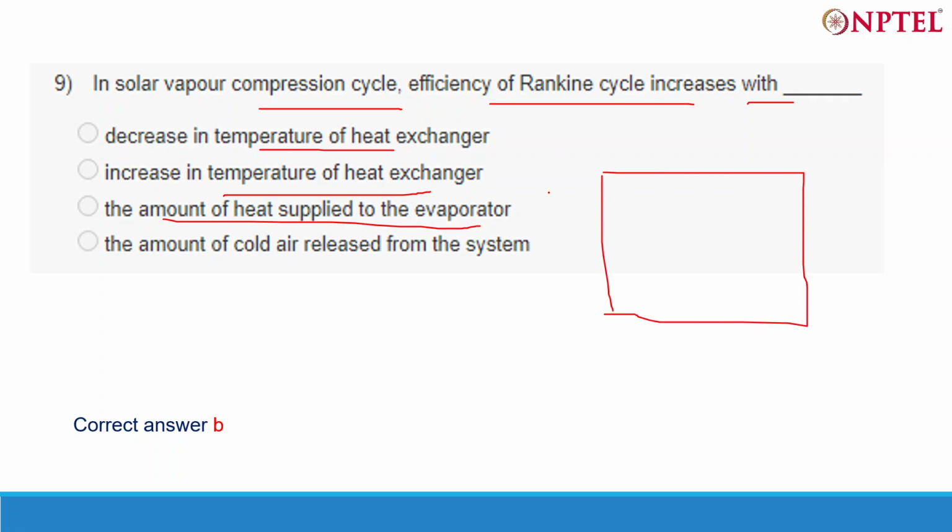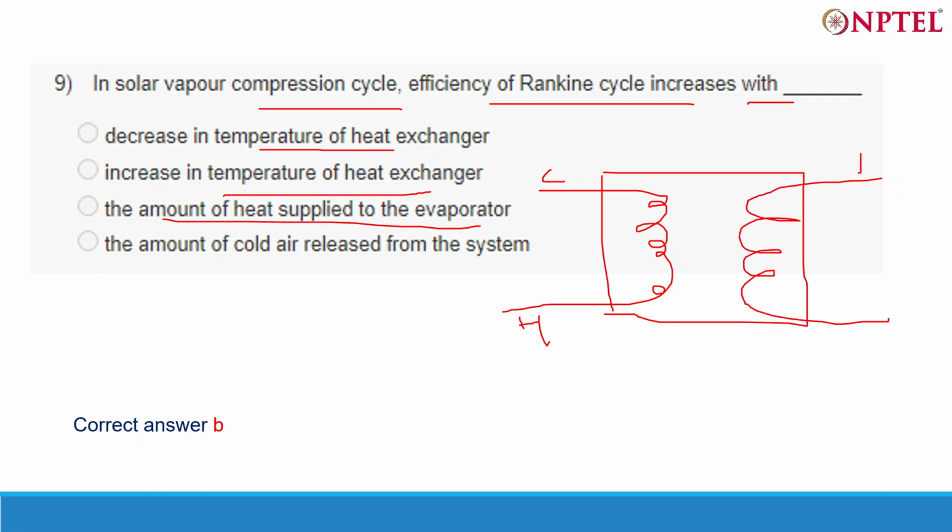This is cold fluid in, cold in and hot out, and then we have hot in and cold out here. So the heat from this is given to this. If this temperature of the heat exchanger decreases, then the efficiency of the Rankine cycle will increase, because less energy will be expended here. So the correct answer is B.